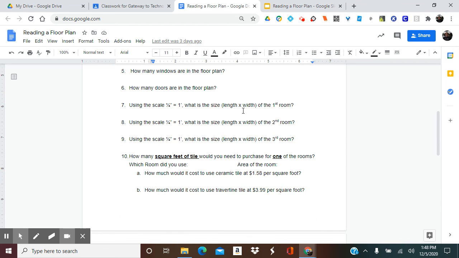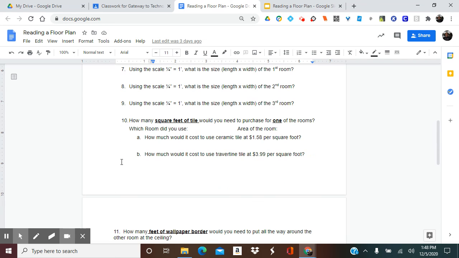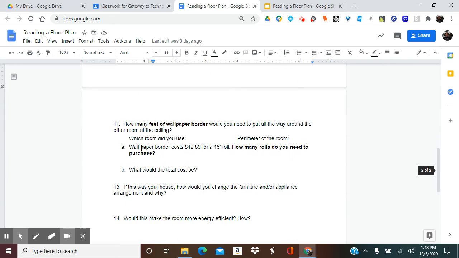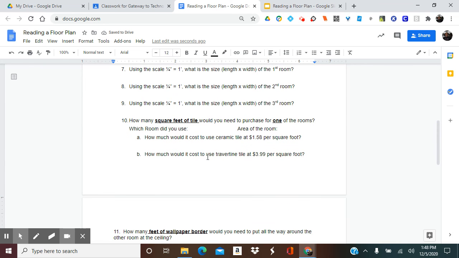So the length of the first room, second room, third room in your rooms, and then this is kind of the important part for me, 10 and 11, because that's going to tell me that you know what you're talking about when it comes to area and perimeter. So which room did you use?